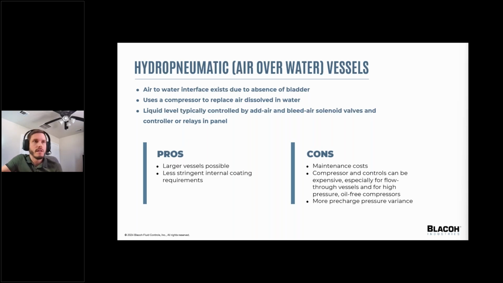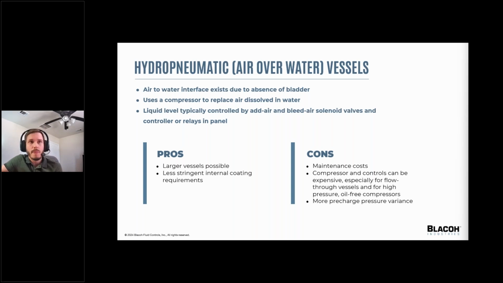The other con here is the precharge variance. Since the compressor comes on and off at set points, there's a controlled range of precharge pressures as opposed to a single set it and forget it precharge pressure in bladder vessels. Typically, this range is determined by pump operations, liquid level control settings, and vessel volume.